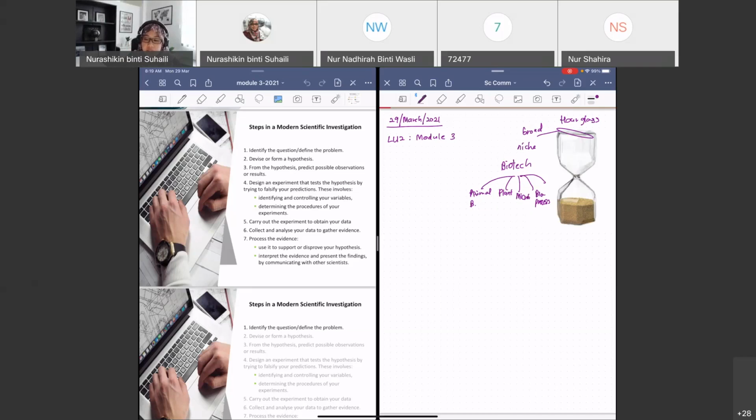For example, let's say you take the project about bioethanol fermentation, so you take bioprocess and you take bioethanol.